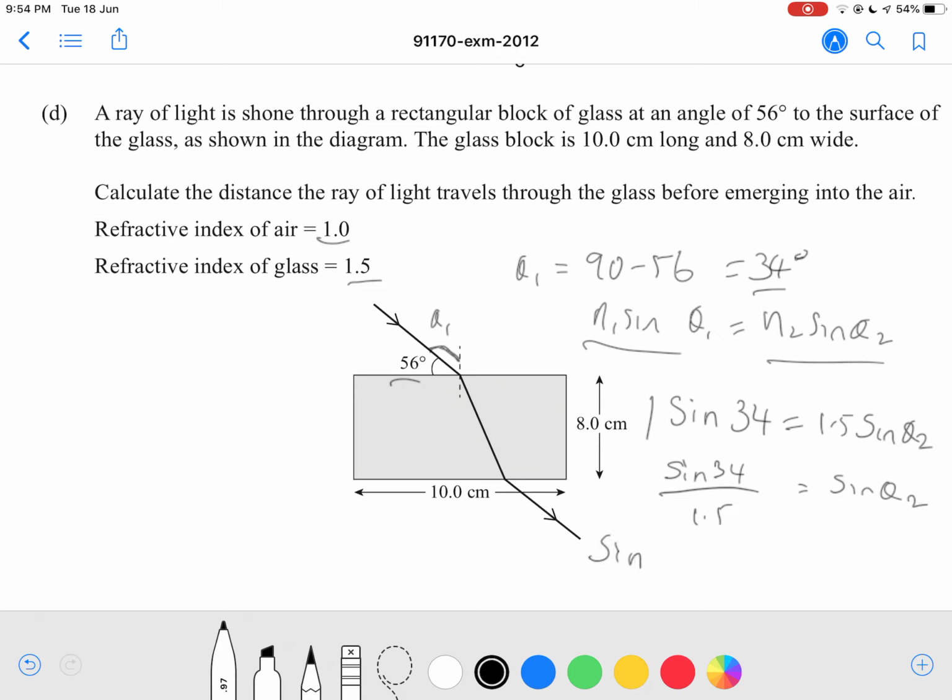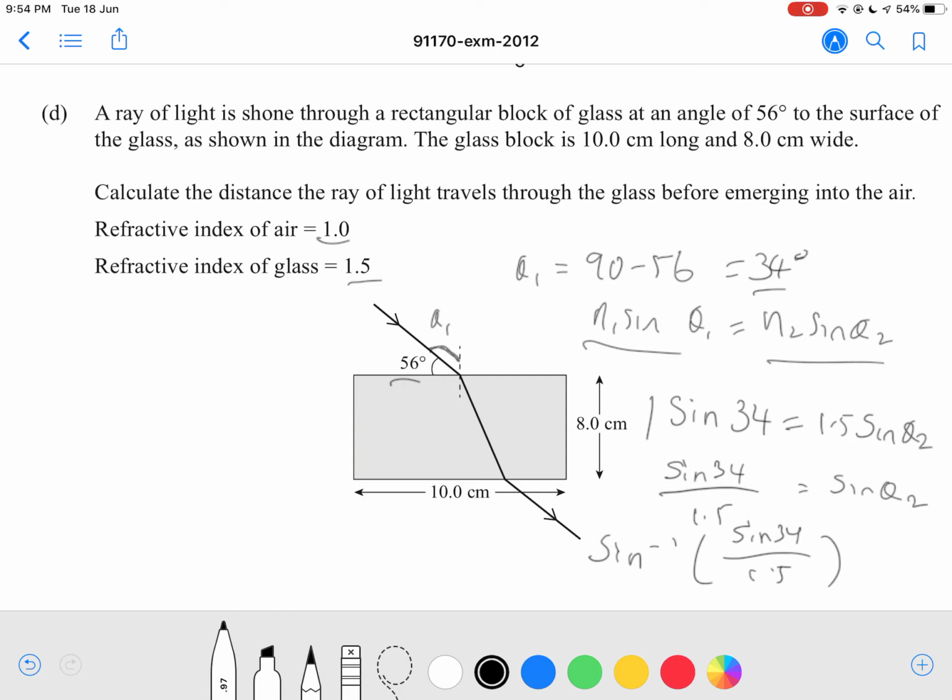Therefore, theta 2 equals inverse sine of sine 34 divided by 1.5. Just put this into your calculator: sine 34 divided by 1.5, and then the inverse sine of the answer.